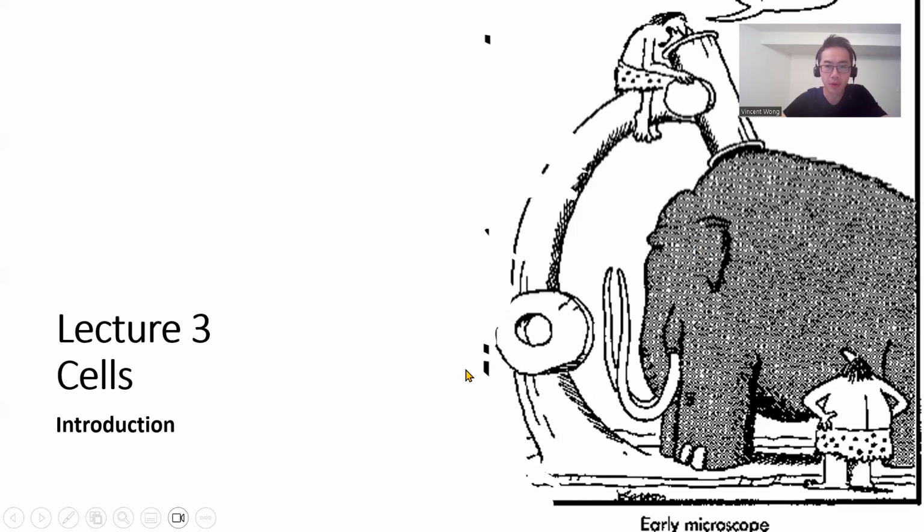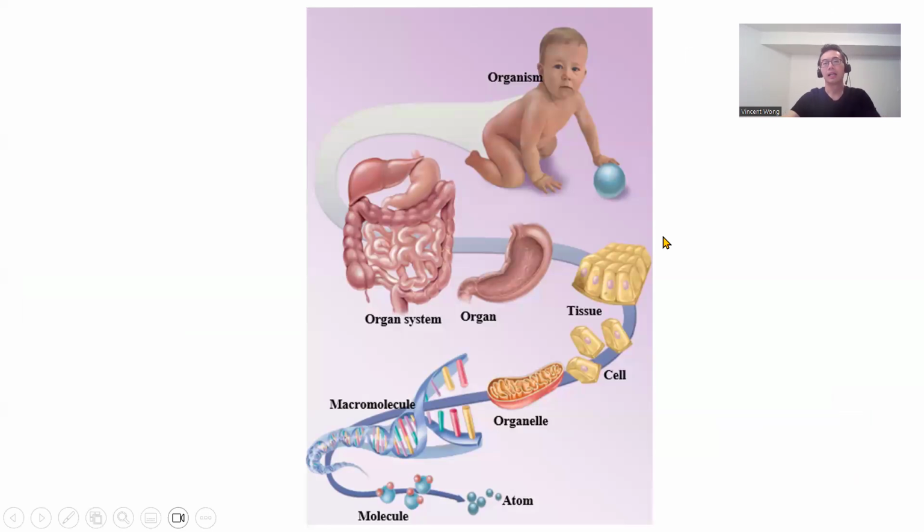Let me give you some introductory background information on cells. Now, we are familiar with this hierarchy, this organization from lecture 1. We talked about how complexity and organization is one of the characteristics of living things. At the very bottom, there are atoms, like carbon, hydrogen, oxygen, nitrogen, phosphorus, that come together to form important molecules in the body.